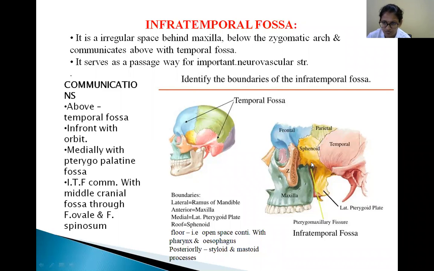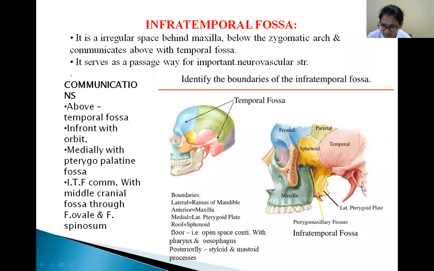Next, coming to the boundaries of the infratemporal fossa. Above, the roof is formed by the greater wing of the sphenoid. Below, it is open. Anteriorly, by the posterior surface of the body of the maxilla.